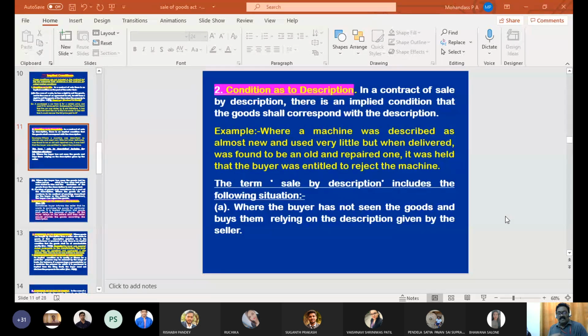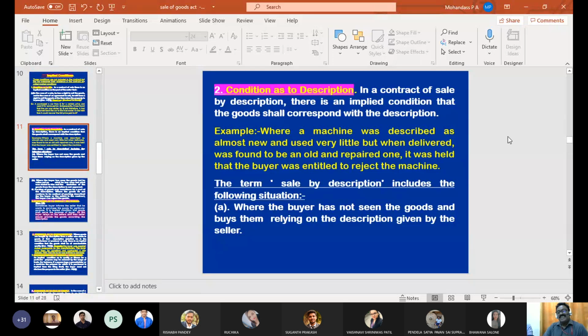How has MD done it? I went to Shivaji Nagar, where there is a local workshop. They tampered with the odometer and turned it back, so from 1,25,000 it came down to 10,000 kilometers. Now, what is the legal remedy available to him? Definitely, he can cancel the contract because it is a violation of implied condition as to description.